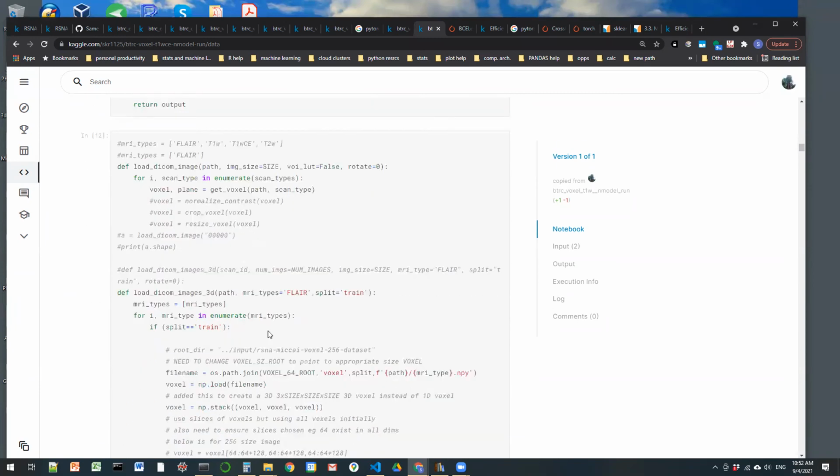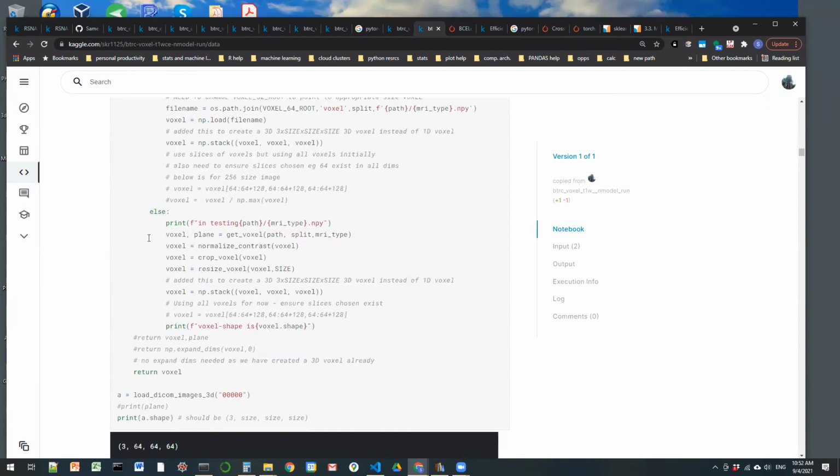Then I made the change to make it a 3-channel 3D input. And this is the place where you would do what you were doing in your segmentation: if these voxels could be used as input to your segmentation, then once you get the index, you would use that index to reduce the voxels to where the tumor voxels are.